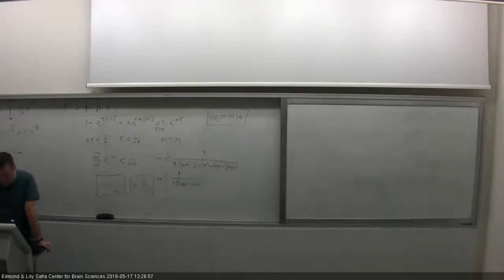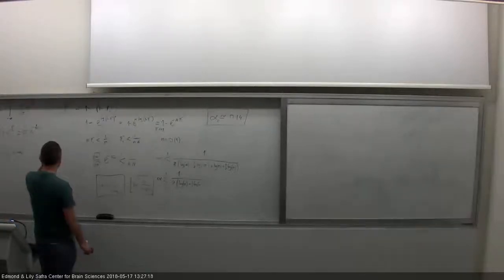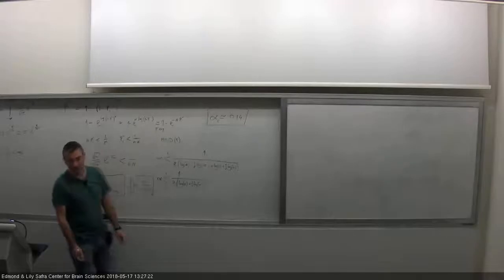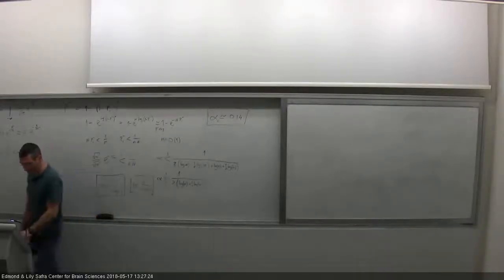It provides a framework by which the network can generate arbitrary fixed point attractors, assuming that memories or attractor states are drawn from this distribution of plus or minus 1 with probability 1/2.